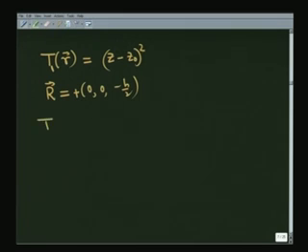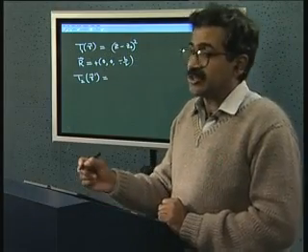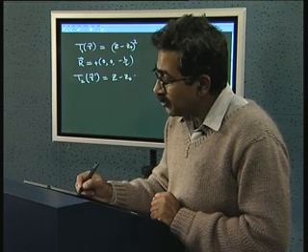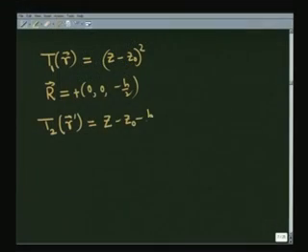Well, in the new coordinate system, I would write T2 of r prime. That object would be given by, now I have to be very, very careful, because z prime would be given by z minus h by 2. I will have (z minus z naught minus h by 2) whole square. That is what I would have.